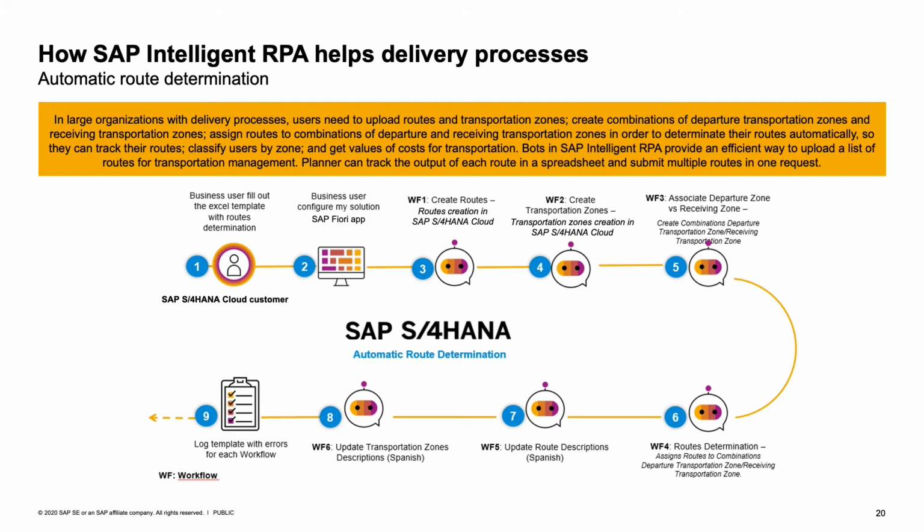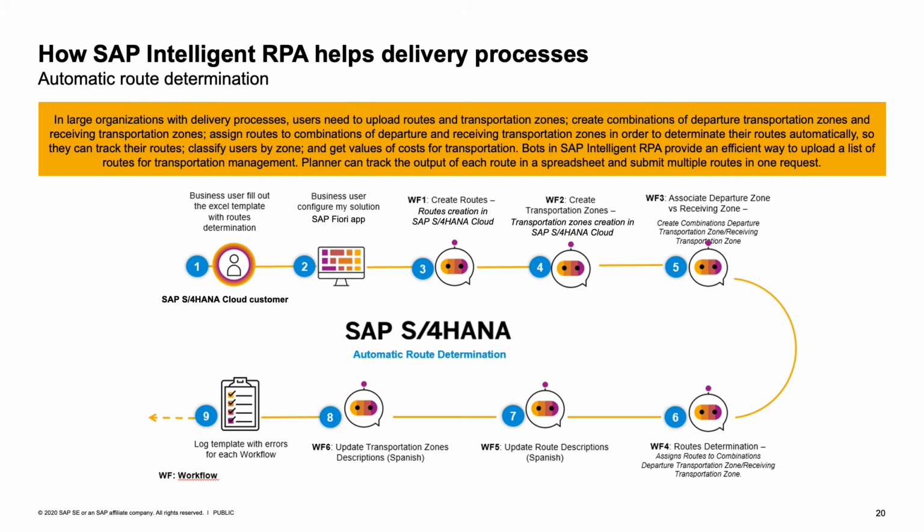The process bots provide an efficient way to upload this list of routes for transportation management. The planners can track the output of each route in a spreadsheet and submit multiple routes in one request. This is often the case in larger organizations with the delivery process, where users need to upload routes, transportation zones, and assign these routes to the combination of departure and receiving transportation zones.